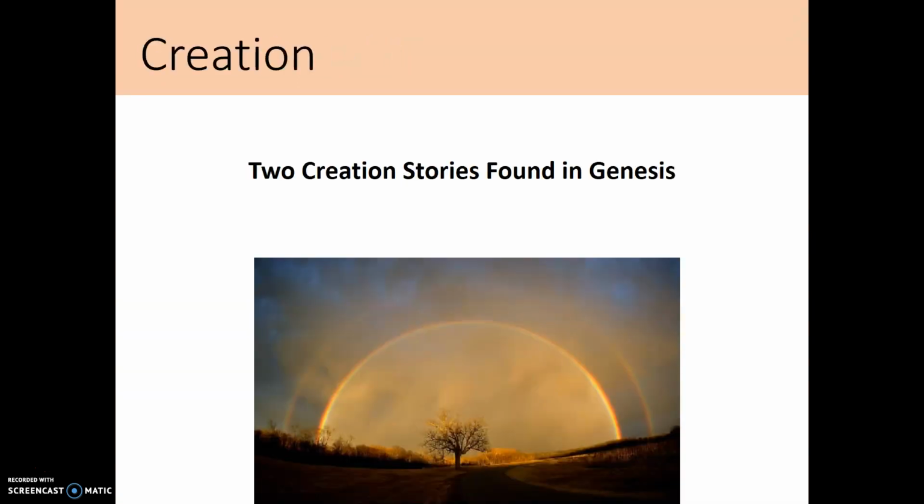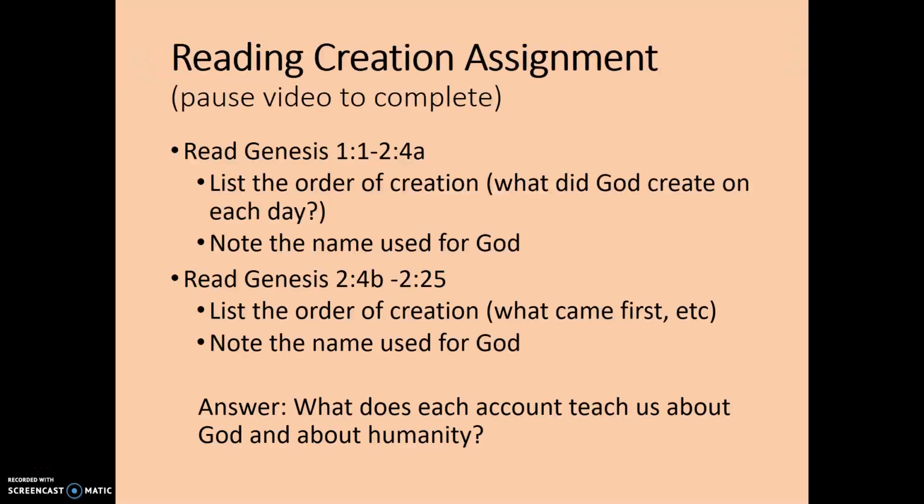So creation is the first and maybe even the most famous story from Genesis. But many of us don't realize that there are two creation stories found in Genesis. What I want you all to do is to pause the video to complete the following assignment.